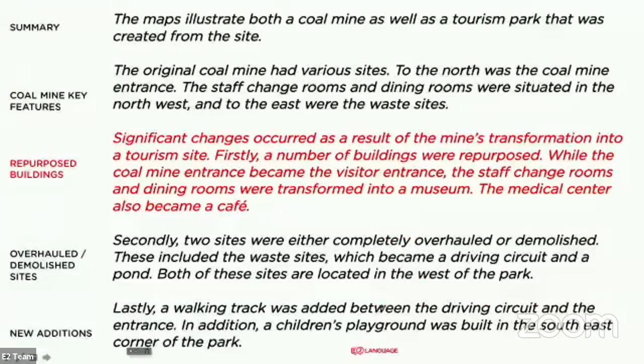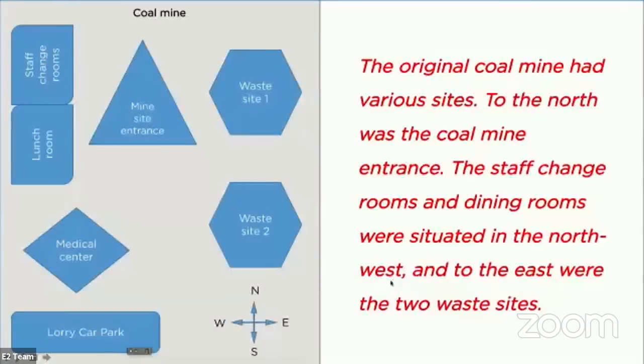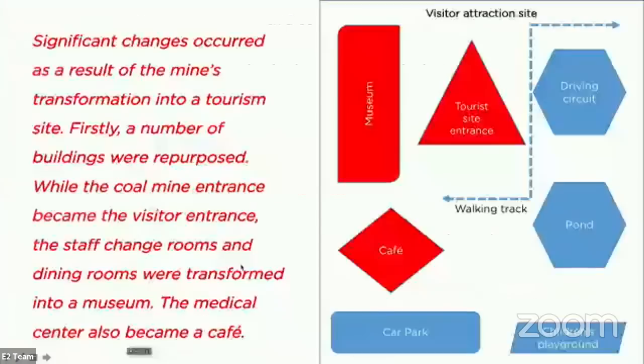Then I wrote this paragraph here, which is about repurposed buildings. Let's just look at the coal mine first. So we had the lunchroom and staff change rooms, the mine site entrance, the waste sites, the medical center, and the lorry car park. Then I wrote this. Significant changes occurred as a result of the mine's transformation into a tourism site.